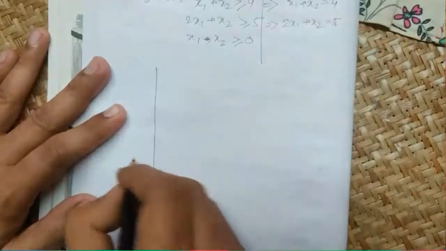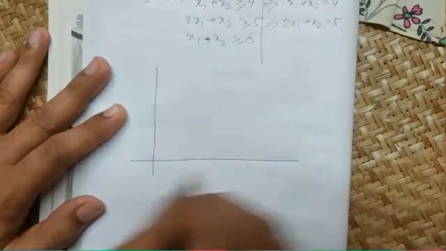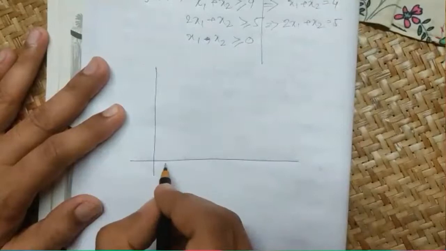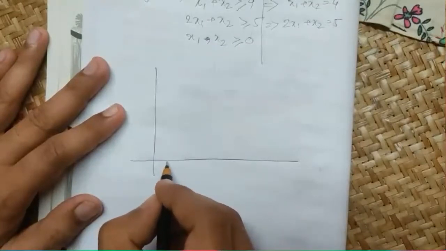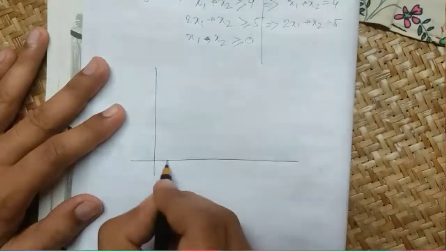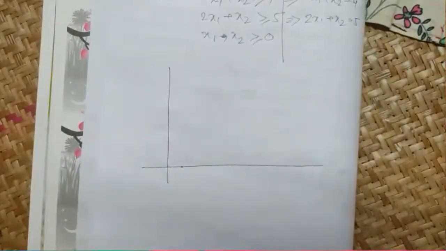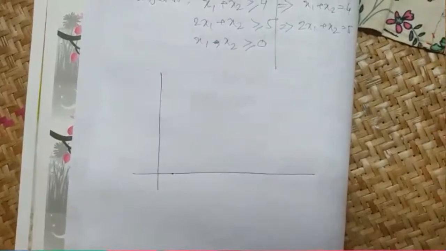Let us draw a graph. Now we can take a centimeter scale. Okay, so each of the lines to be taken is 1 centimeter. Let me find my ruler so that we can draw 1 centimeter.